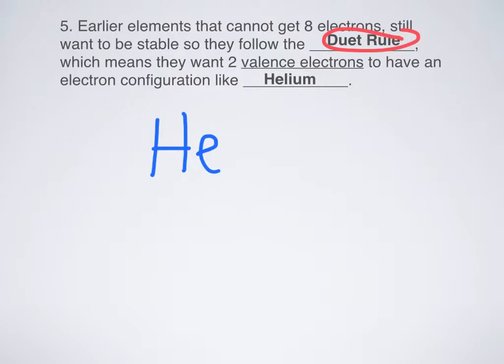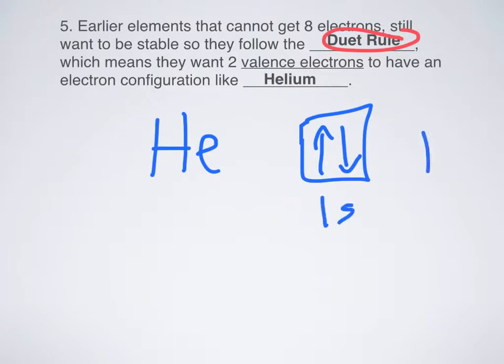It has the electron configuration and orbital diagram that looks like this, and that would be the 1s, so 1s2. Hydrogen in particular, a big one, follows the Duet Rule because it can't just gain 7 electrons or something like that. It only has to gain 1, and it will become stable like helium is.